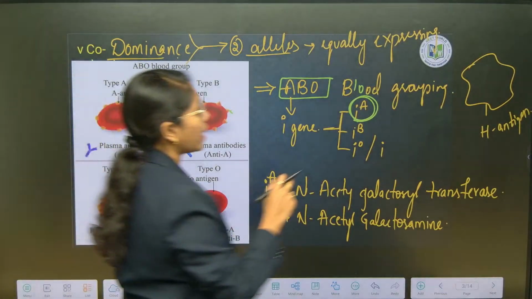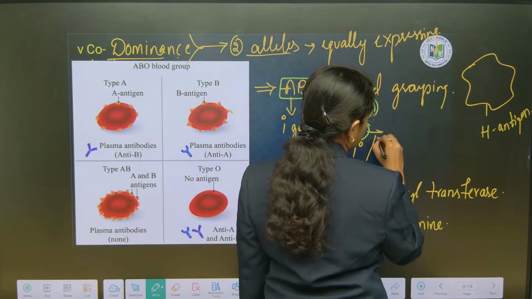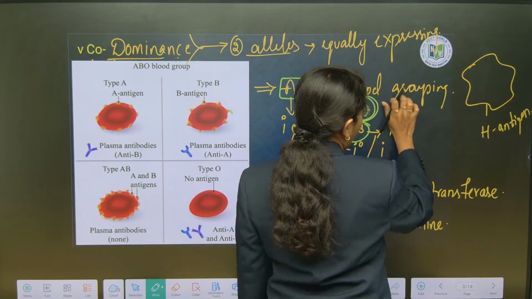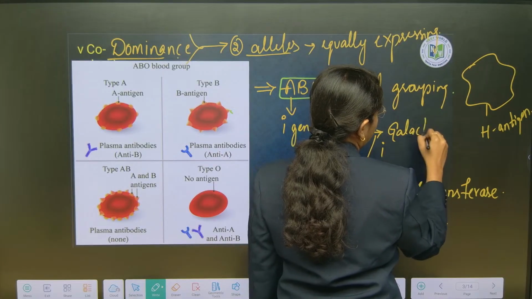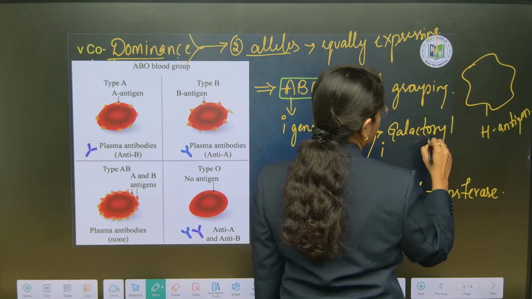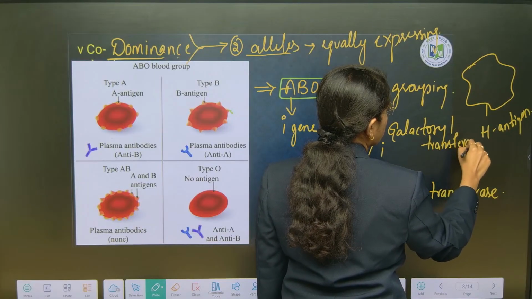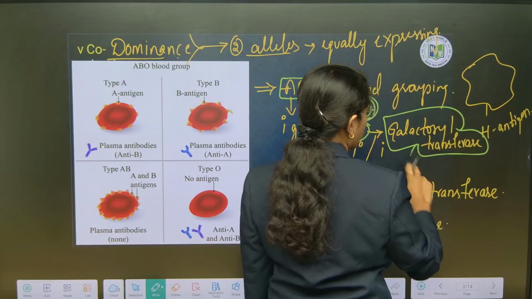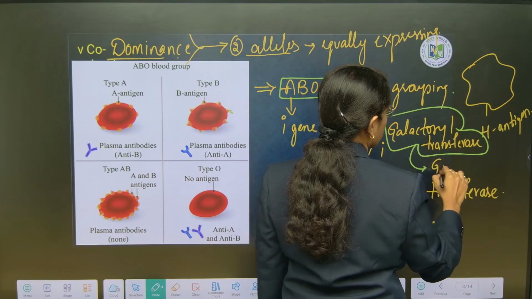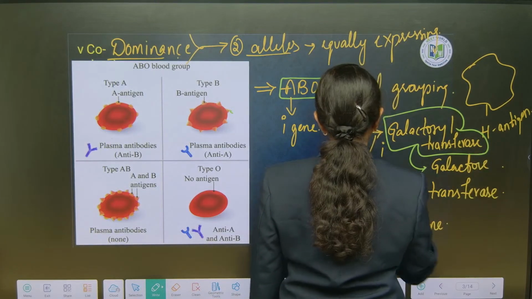IB, if you see, IB allele will be encoding for the enzyme galactosyl transferase. This galactosyl transferase will be encoded for the sugar galactose. This will be giving out what?